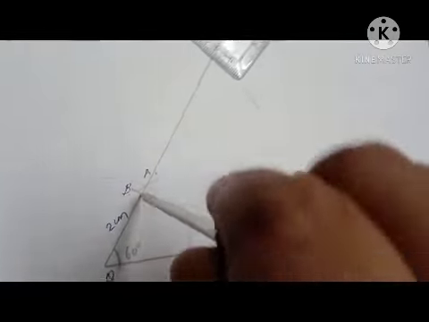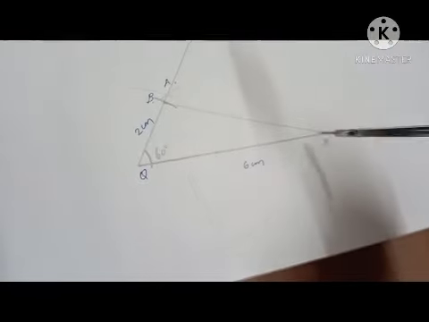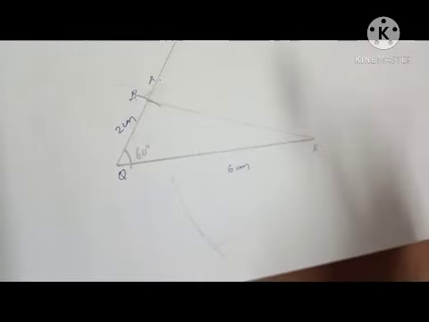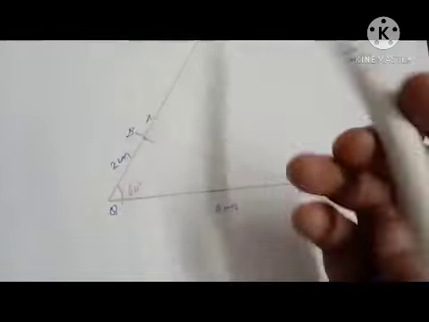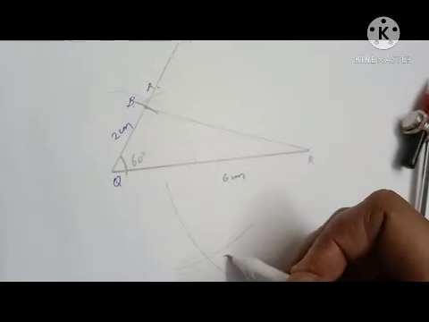We have to get intersecting points. Okay, if we didn't get intersecting points, then we can extend this arc. Now we got the intersecting points as Y and Z.